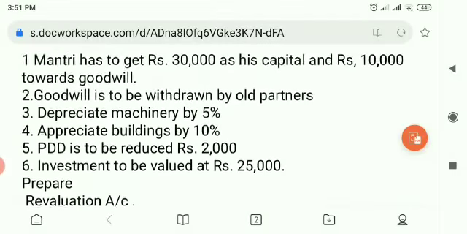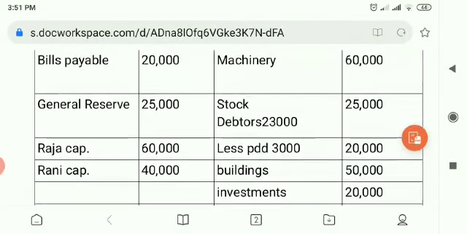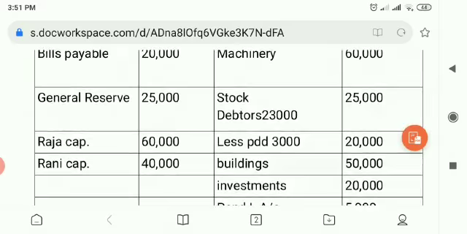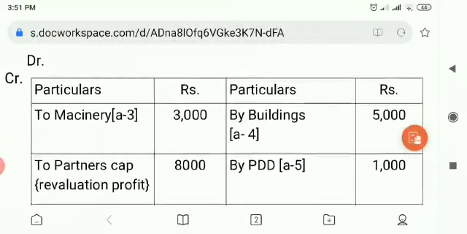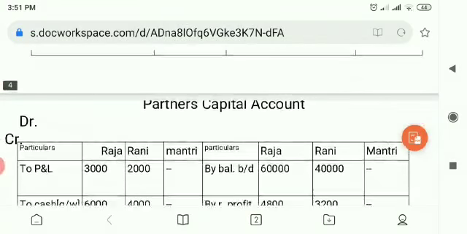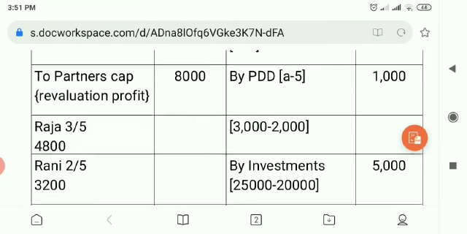Next, they have given you the capital accounts, that is Raja 60,000, Rani 40,000. Come to your partners' capital credit side. First line, write balance brought down 60,000 and 40,000.